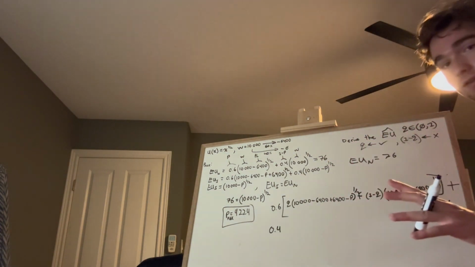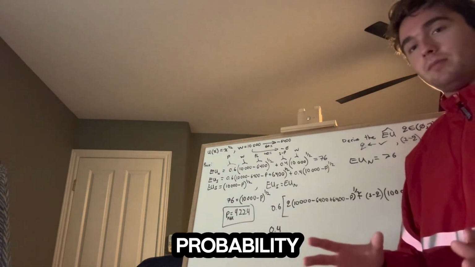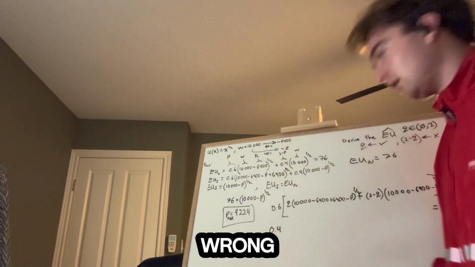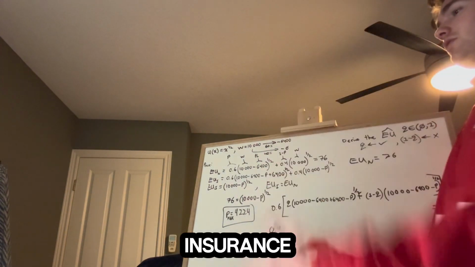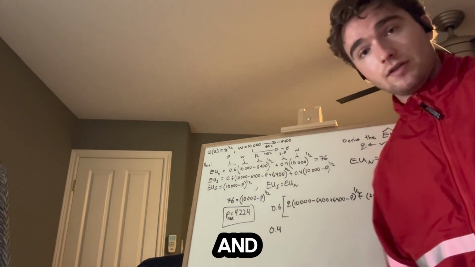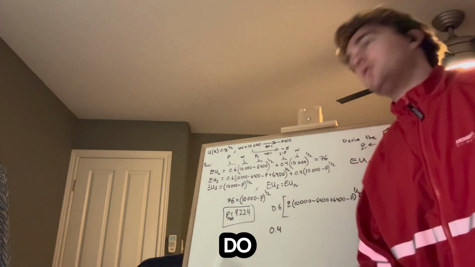Okay. All right. Story time. 0.6 is the probability that things go wrong. Q is the probability that the insurance company insures in full. 1 less Q is the probability that they do not.